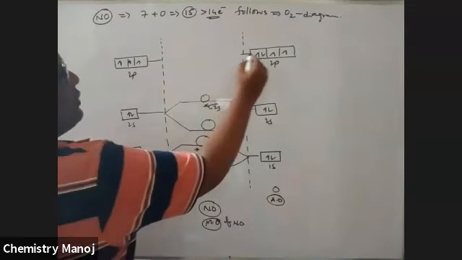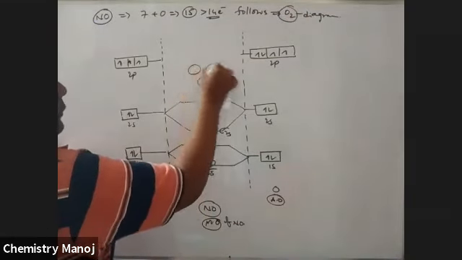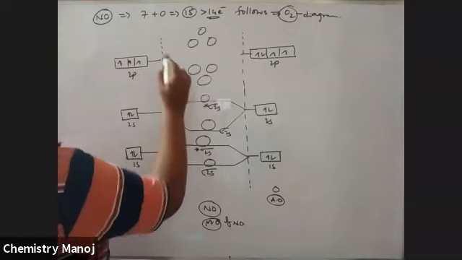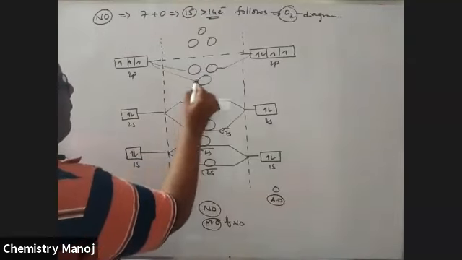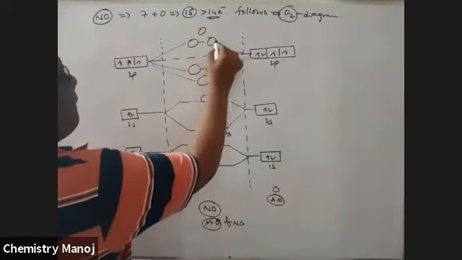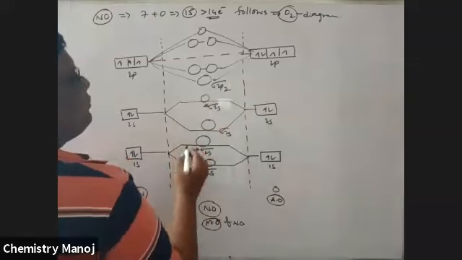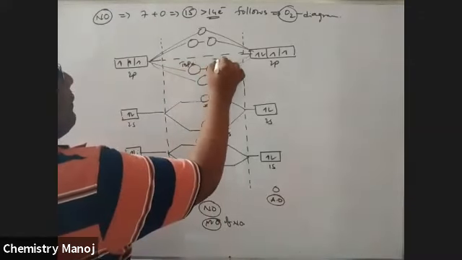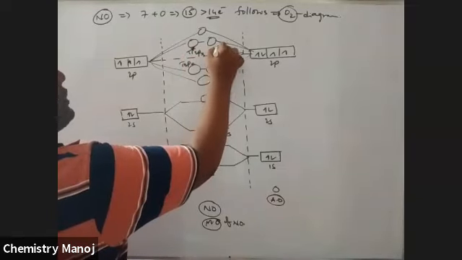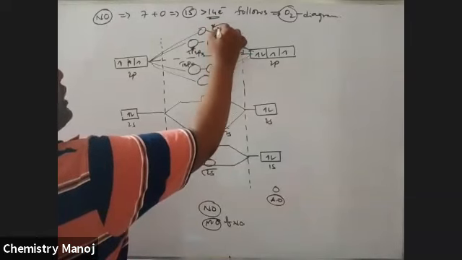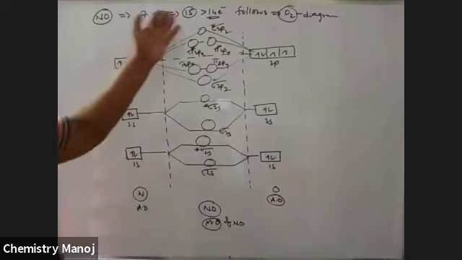Following O2, next we have sigma 2pz, pi 2px, pi 2py, then pi star 2px, pi star 2py, and sigma star 2pz.